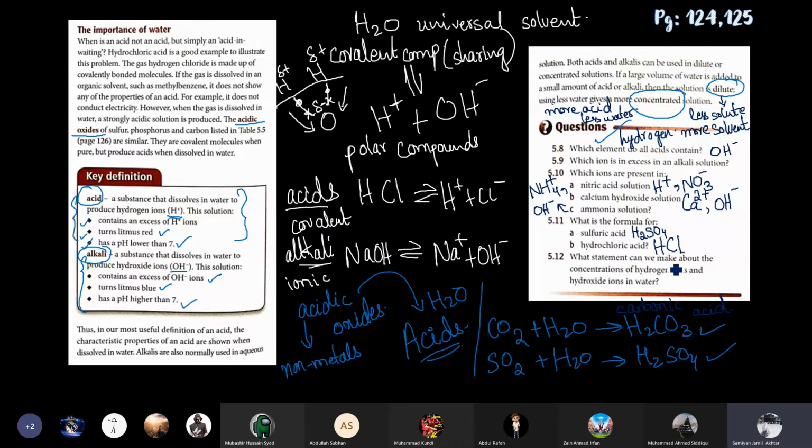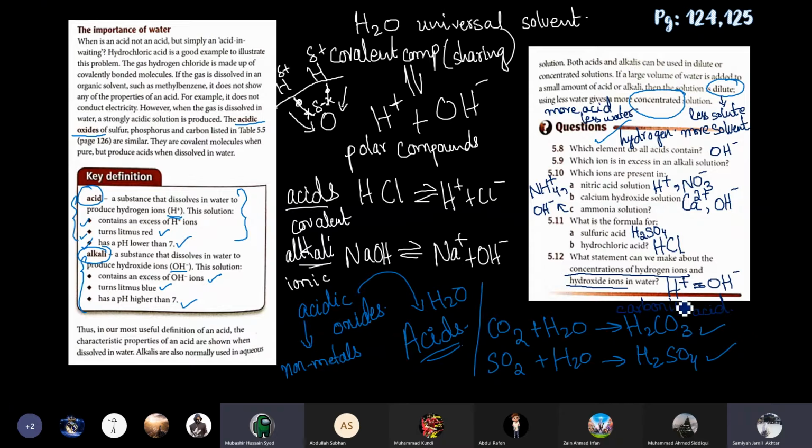What statement can we make about the concentrations of hydrogen ions and hydroxide ions in water? This is what we discussed yesterday about pure water. The concentrations of hydrogen ions and hydroxide ions are equal in water, very good, and that's why it has a neutral pH of 7.